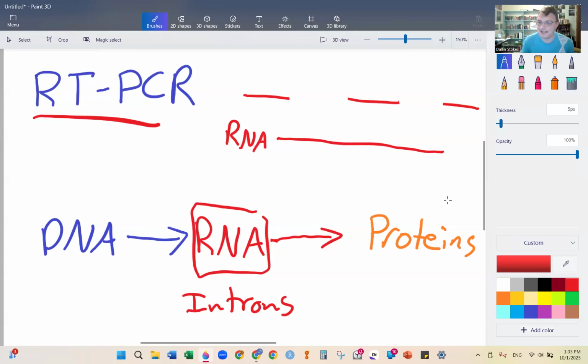And RNA kind of isn't very helpful for our purposes because remember, it's cheap, which also means it's flimsy. It doesn't last very long. Sometimes an RNA strand will only last a few minutes. So DNA is a much better storage mechanism, and we want to get copies of the gene in DNA form, but without the introns. So you need to be able to read an RNA copy and turn it into DNA.